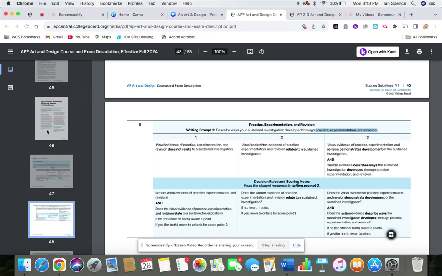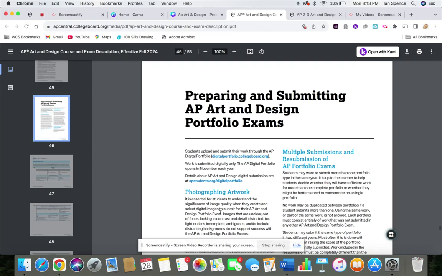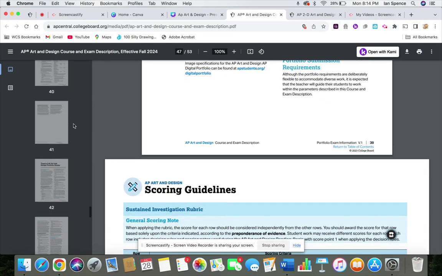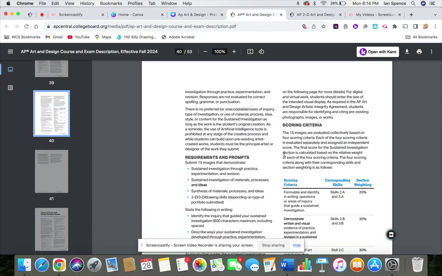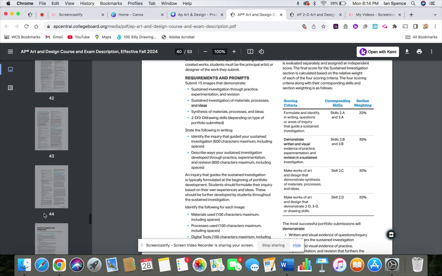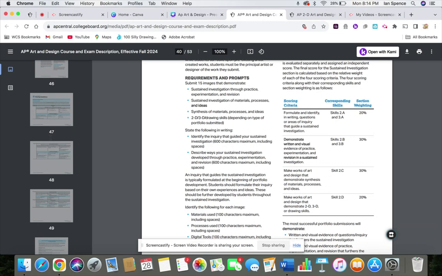I believe it even says in the CED, I'm probably not going to be able to find it very fast. Let's see if I can. Yeah, it's 30% of the weighted score. So it's a big portion.